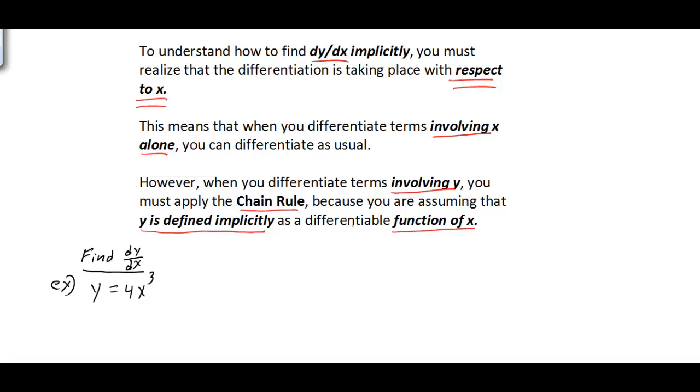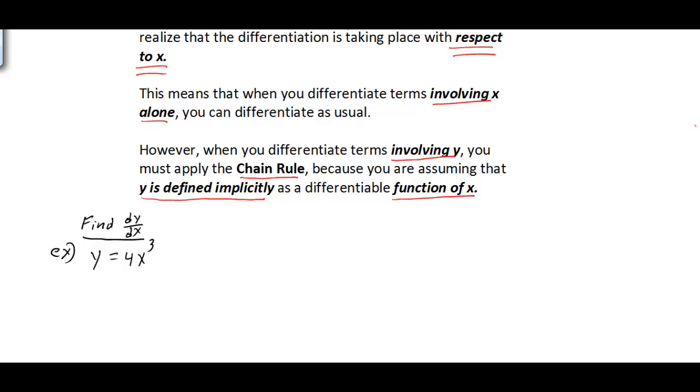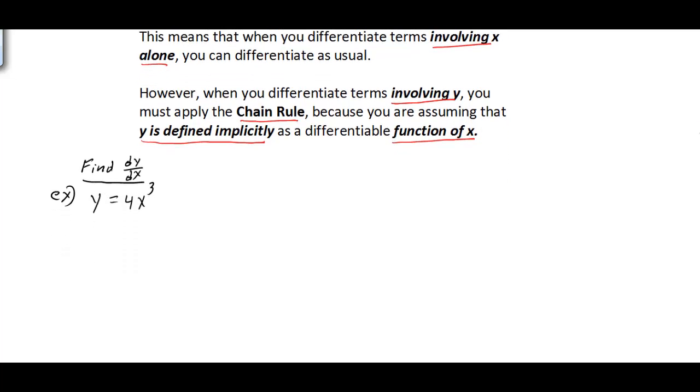So if y is representing a function of x, that means we're going to have to apply this chain rule. I know this makes it a little strange at first, but if you look at some examples, and then come back and read through this, I think that will help you understand the idea of this implicit differentiation.